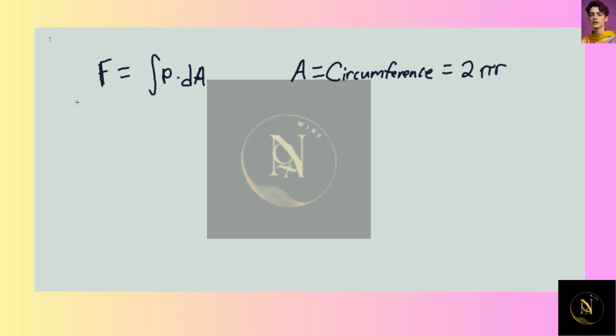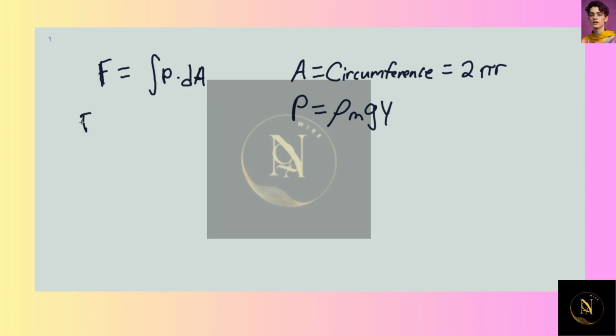So given this, and knowing that the pressure equals the density of the molasses times the acceleration due to gravity times the height, or we'll call it y, the height of the cylinder, we can further define this integral.